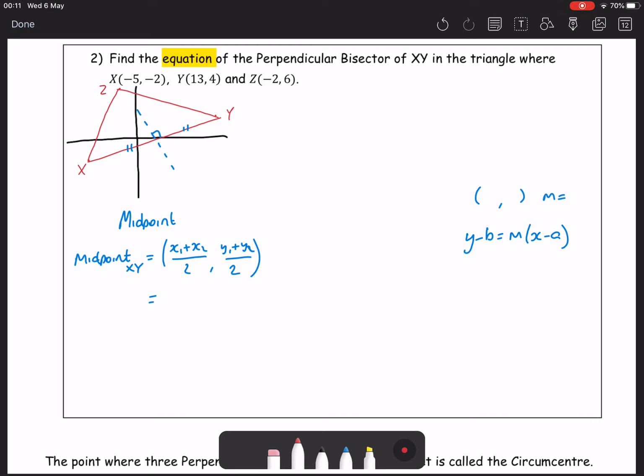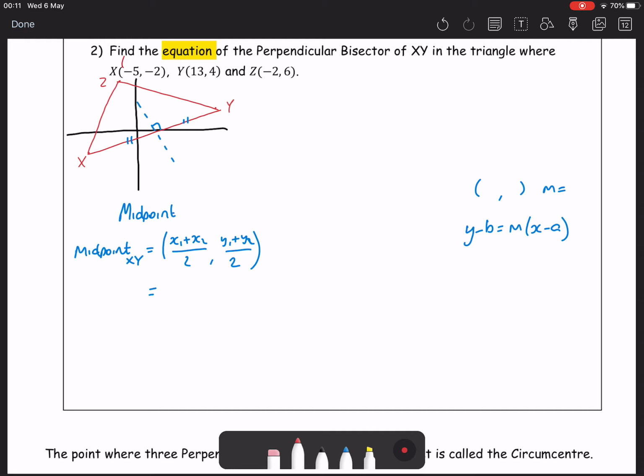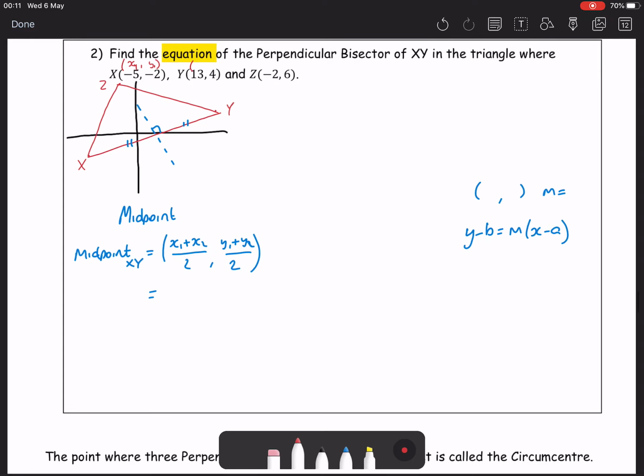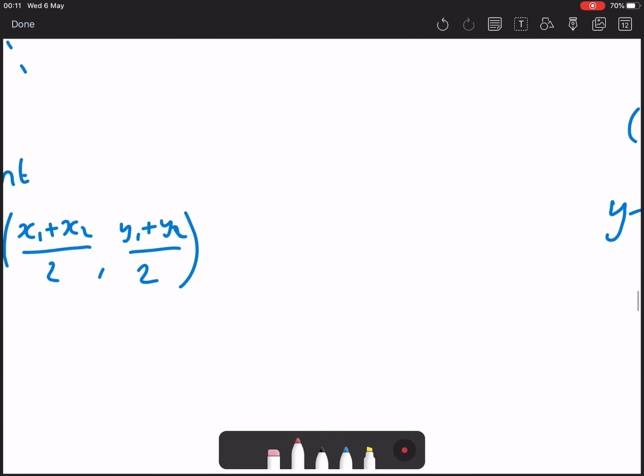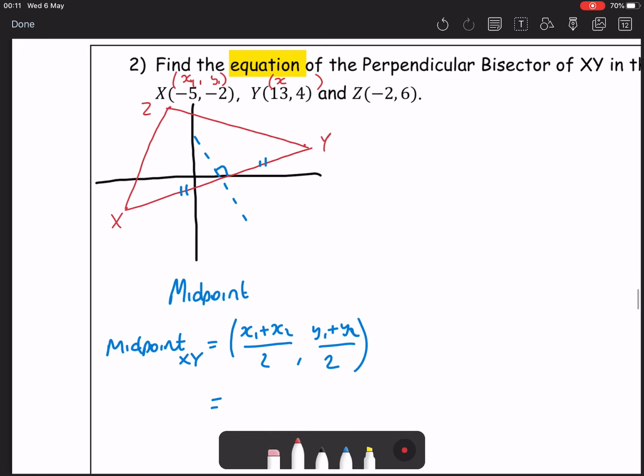Careful to use the correct points. So we're using X and Y. There's x and y of our first, x and y of our second.